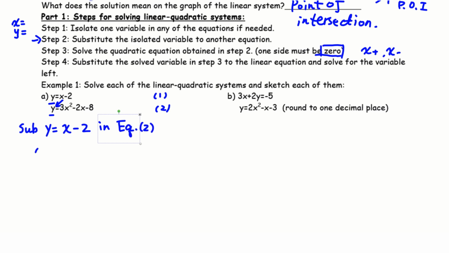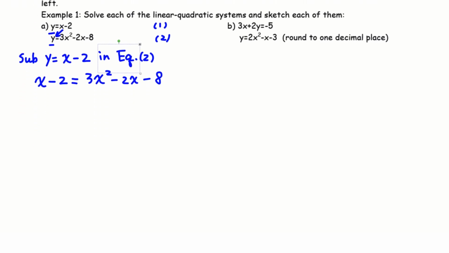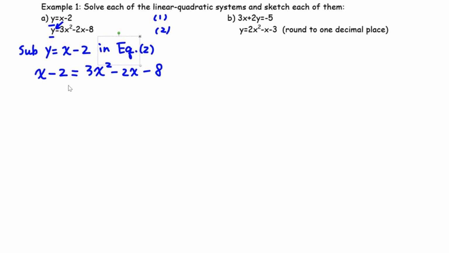Then we are going to have x minus 2 equals 3x squared minus 2x minus 8. This is a quadratic equation, and we need to make sure one side is 0. So we move the x minus 2 to the other side by doing the opposite operation. Then you will have 0 left.